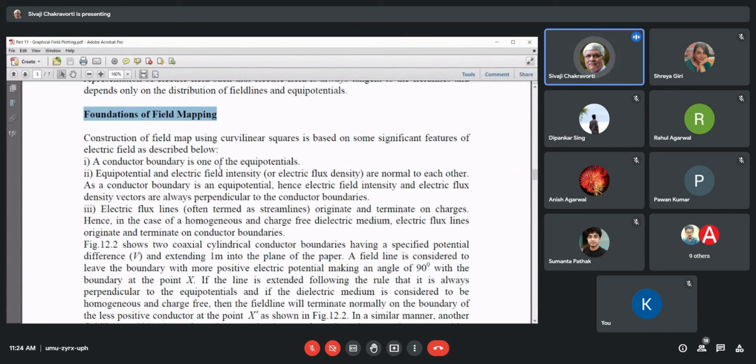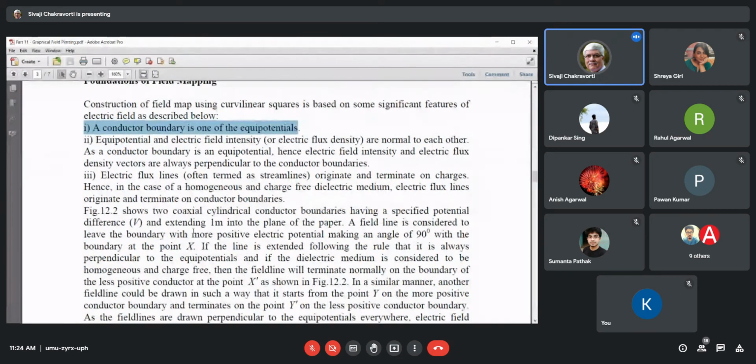The construction of the field map is based on some significant features of electric field, as I have written below. What are those? Let us look at it. So, one, a conductor boundary is one of the equipotentials, which is quite acceptable.